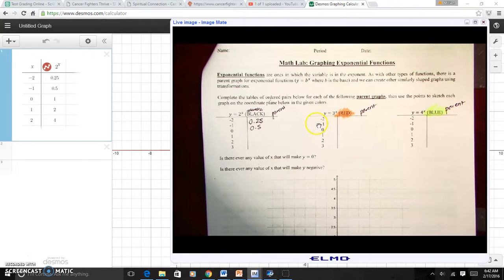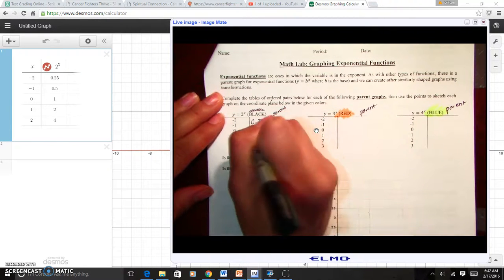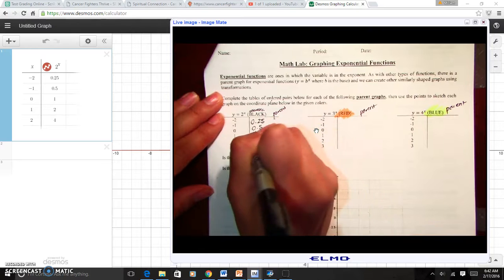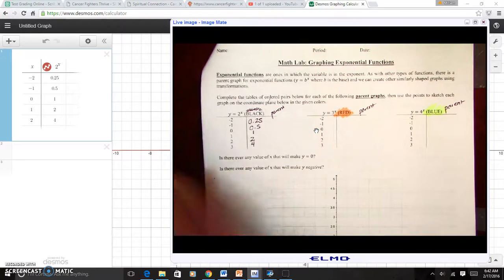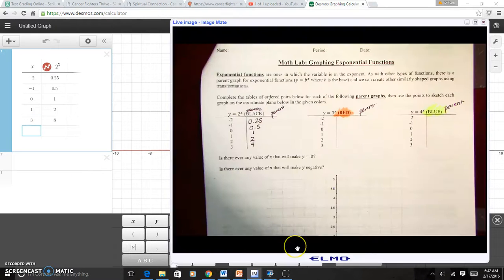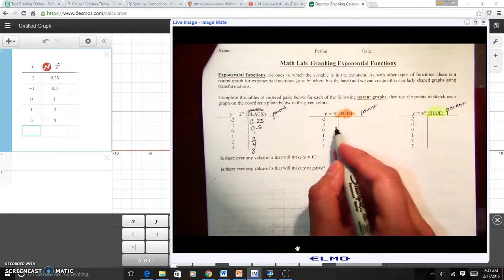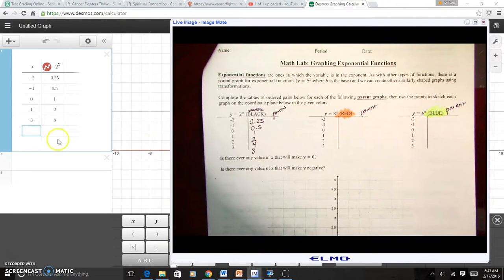So I'm going to take my table and copy it onto my sheet of paper. Then you're going to do the same thing for 3 to the x and 4 to the x.